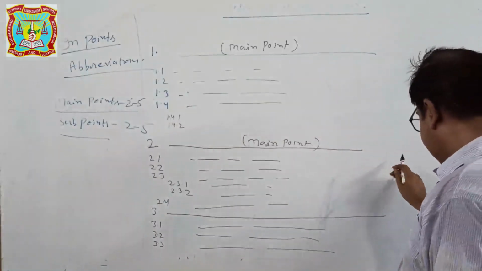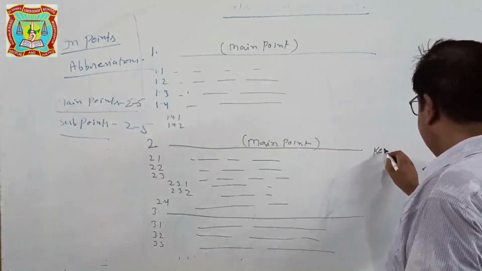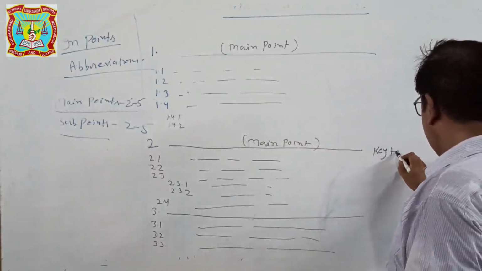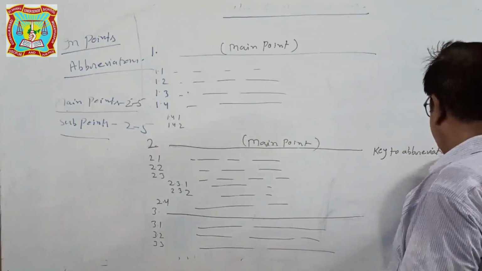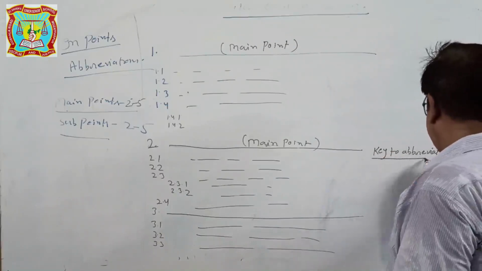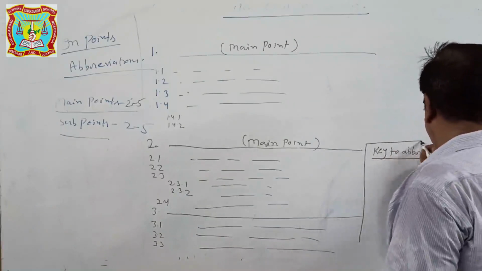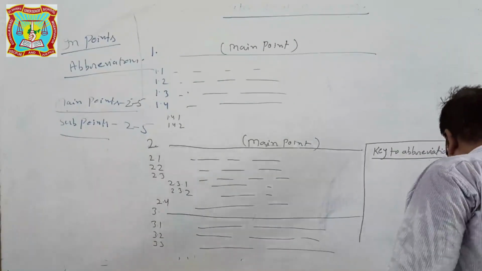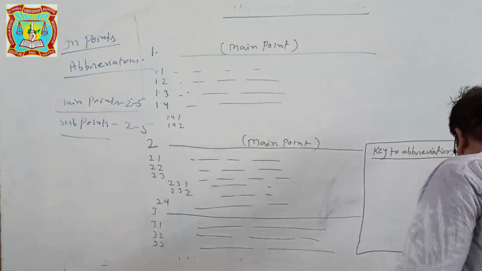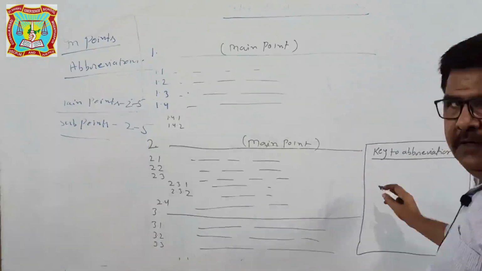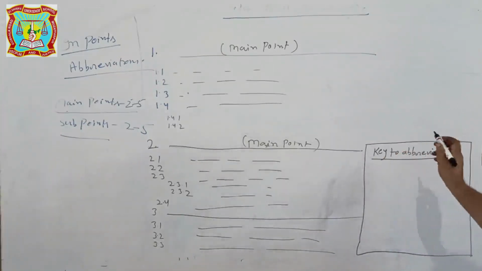So here you can write key to abbreviations. You can make a small rectangular box, and you will write key to abbreviations.